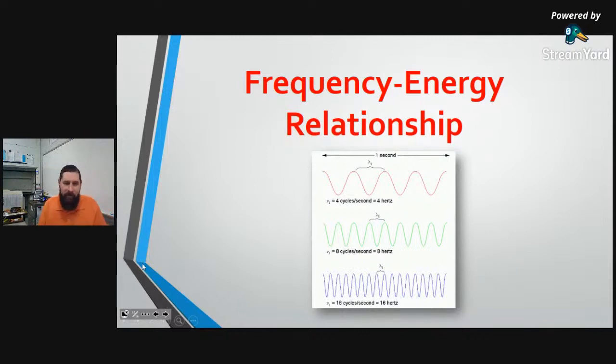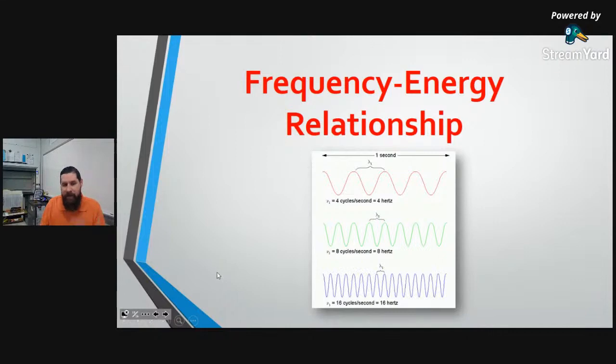But looking back at this diagram again, or this image of the three different wavelengths, here's what I want you to think about. If I've got a long wavelength beam of light, then there's not a lot of energy to it. And if I want to shorten that wavelength, I have to move my hand much faster. And if I'm moving my hand much faster to represent that wave, I'm having to exert more energy.